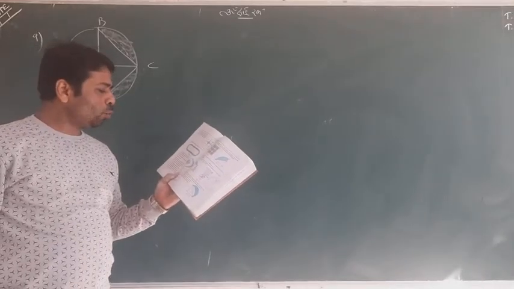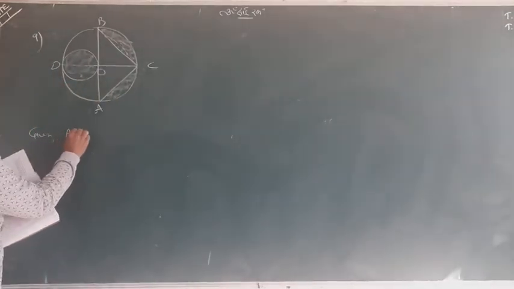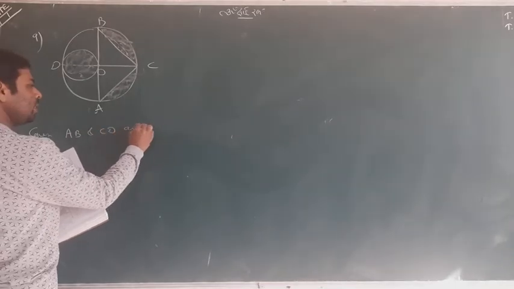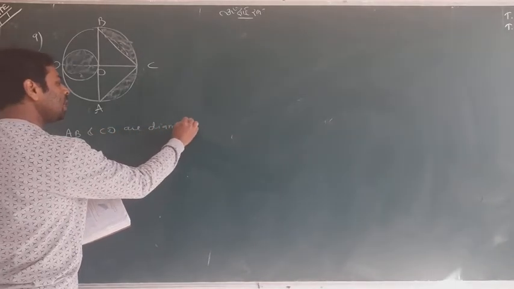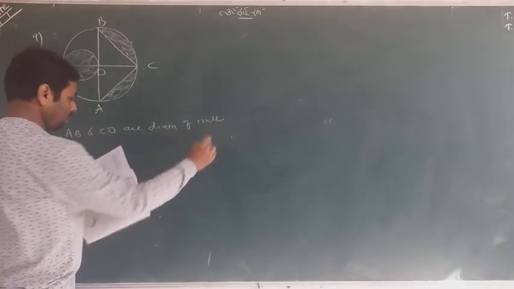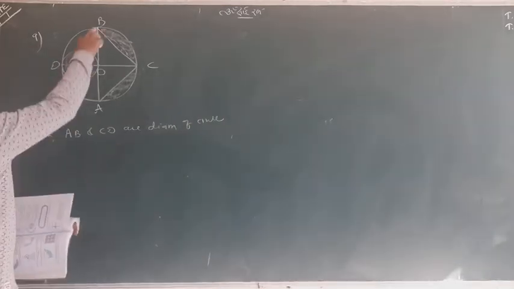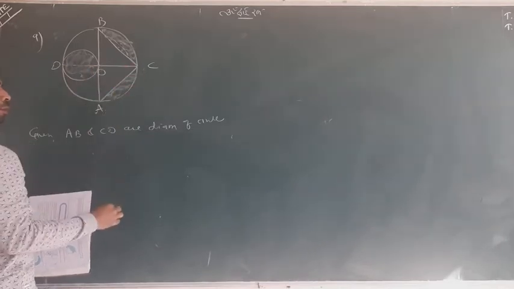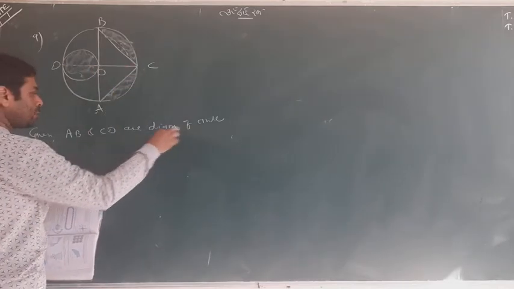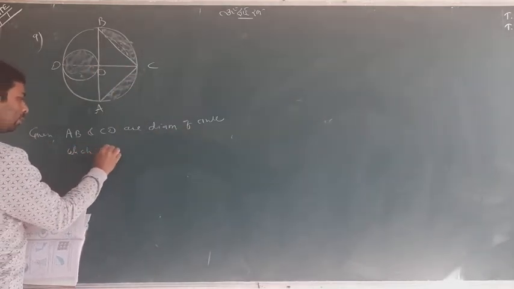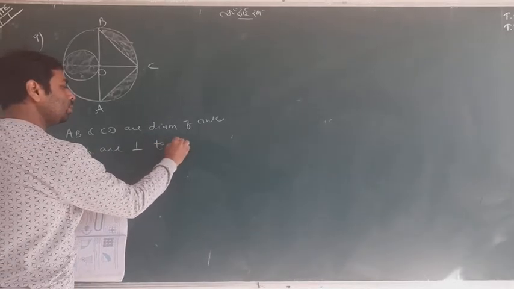AB and CD are two diameters of the circle, and this time the diameters are perpendicular to each other.